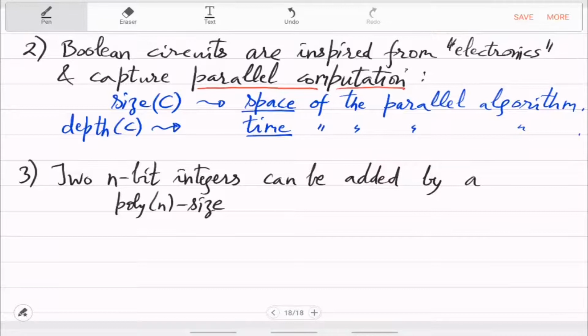Poly size is not surprising, but what will be surprising is the depth. So in how much depth can you do addition by a circuit? The surprising thing is that you can do it in constant depth.